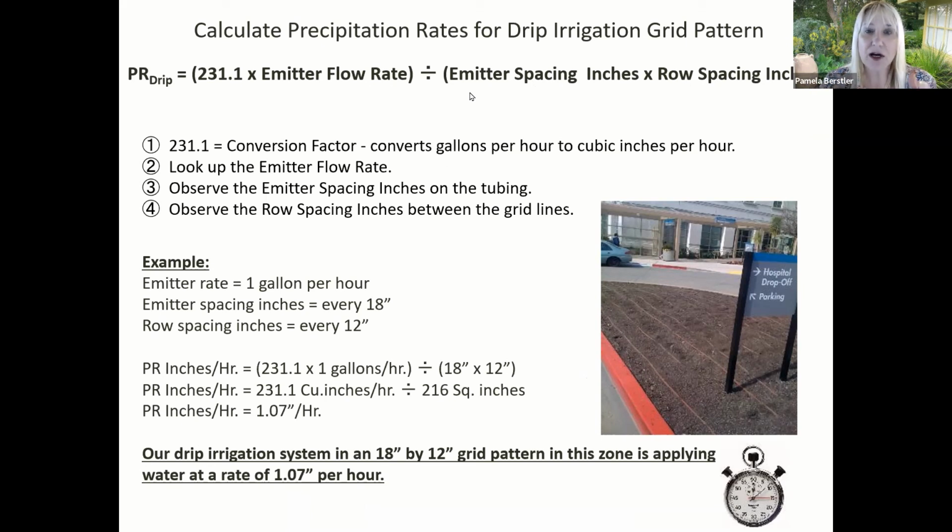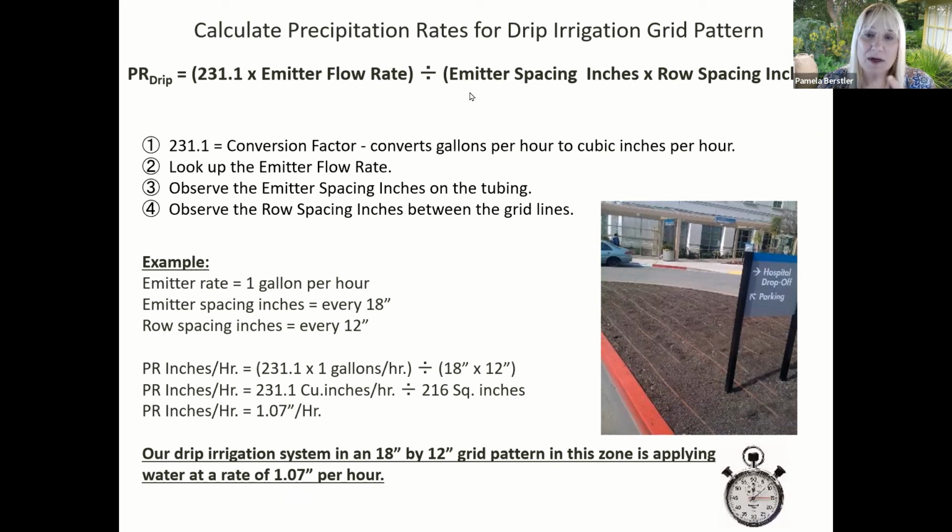So here we need to know the emitter flow rate. Not too much of a problem because it's always published with the particular tubing, and hopefully you have access to the plans or something that tells you what kind of tubing they put down. So emitter flow rate, let's say 1/2 gallon per hour or 1 gallon per hour.